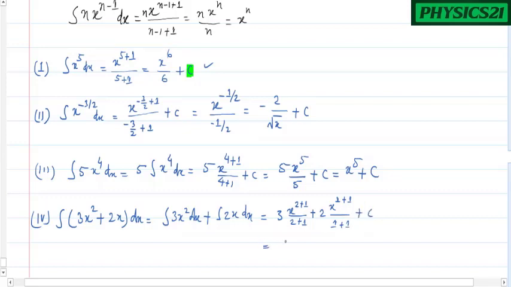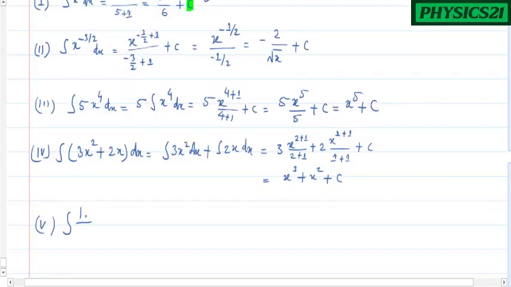Now further solve it. So it is x raised to the power 3 plus x raised to the power 2 plus c. That will be the integral coefficient. The next one, if there is integration 1 by r square dr, it can be written as integration r raised to the power minus 2 dr. Now by the common rule, it can be further written as r raised to the power minus 2 plus 1 divided by minus 2 plus 1 plus c.